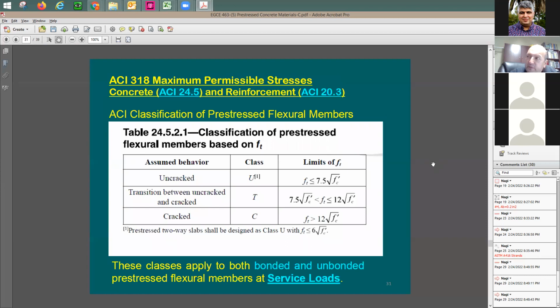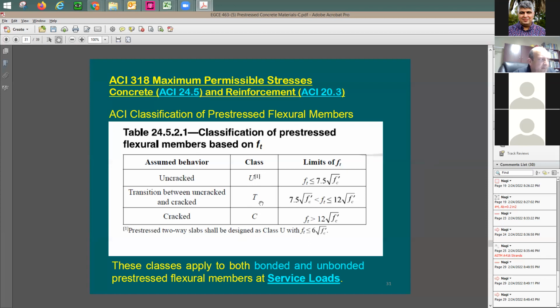So let's look at what the code says about it. The code says you have 3 categories when it comes to your design for structural members in pre-stress. You have uncracked system. If you like to have it uncracked, you can. Or you can have it cracked if you want it. Does it make sense? So you can have it cracked, you can have it uncracked. Or you can have it as the transition, the class is going to be called transition.